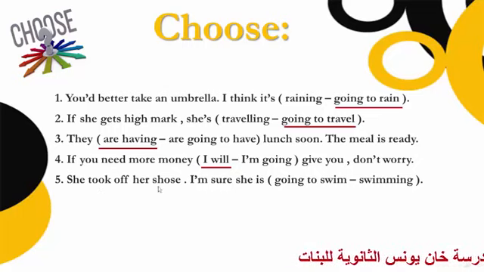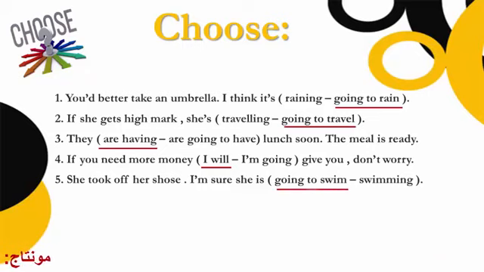She took off her shoes. I'm sure she's going to swim or swimming. I have here evidence, or a conclusion. She took off her shoes, and so I'm sure she's going to swim. There is evidence in the sentence.